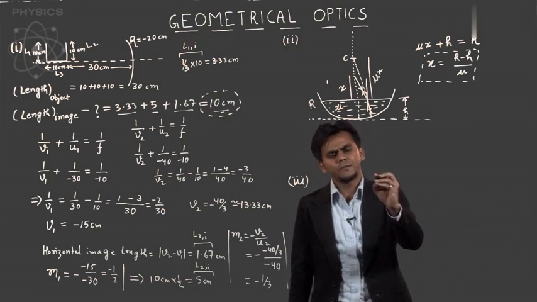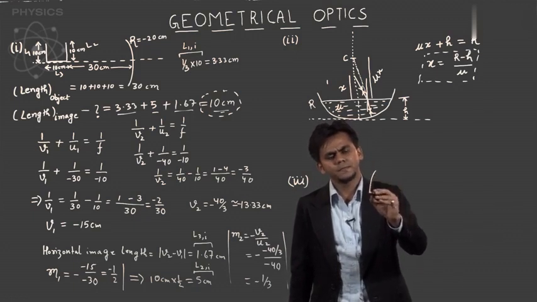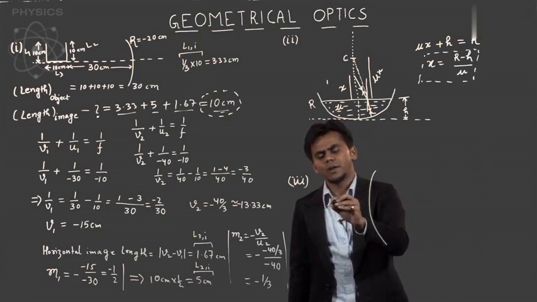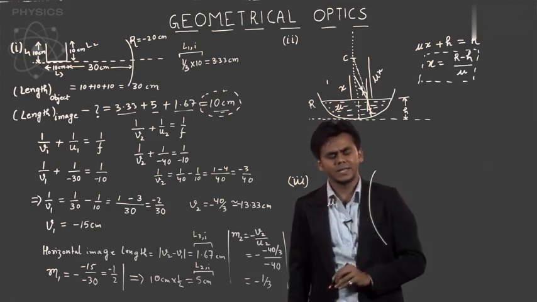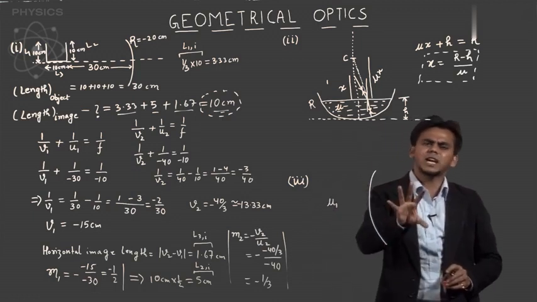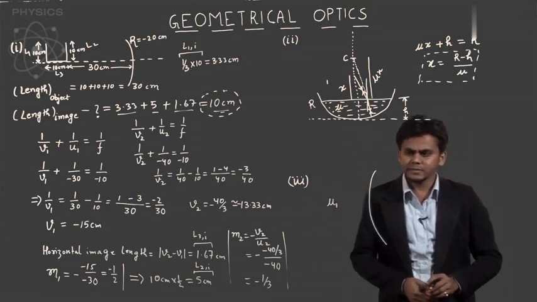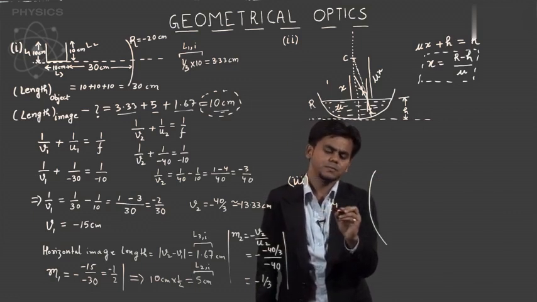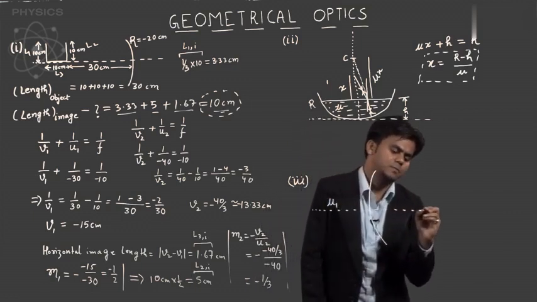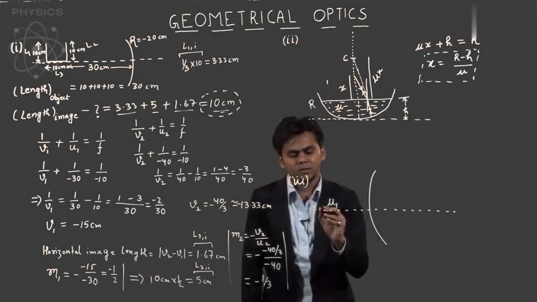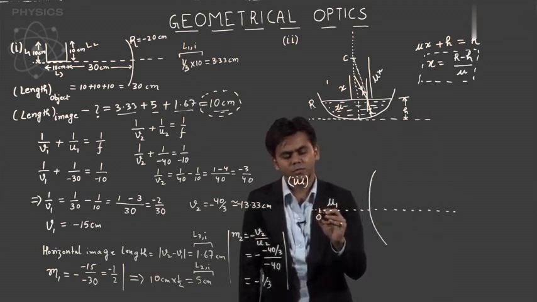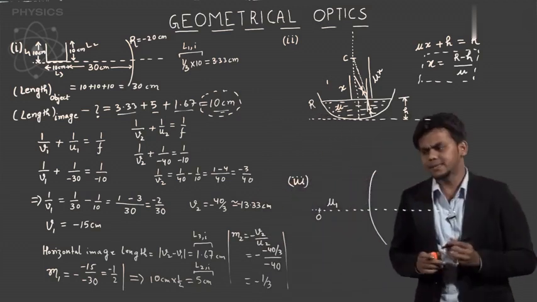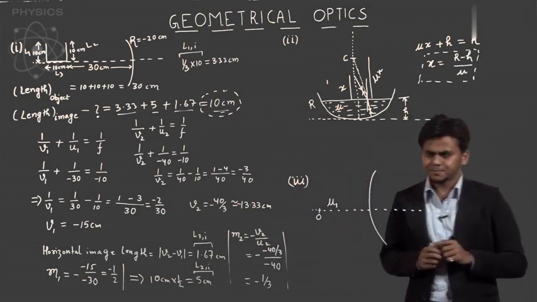What happens in that question? So here you have an interface. This side is of mu1, refractive index. I can vary the refractive index of this side, right? Let's first draw a principal axis. This is your object kept here. So I can vary my refractive index as either mu2 or mu3, right?